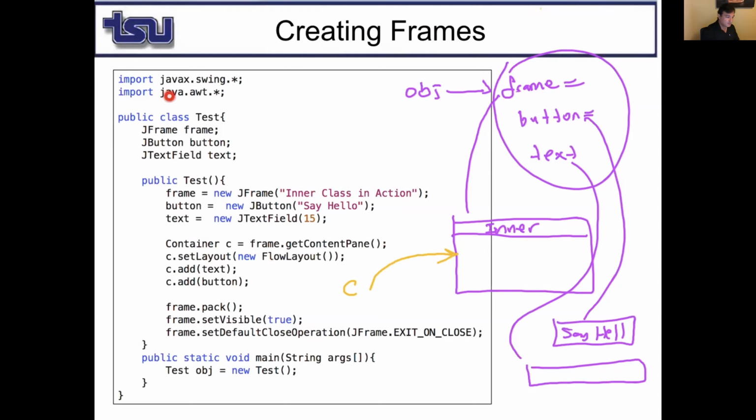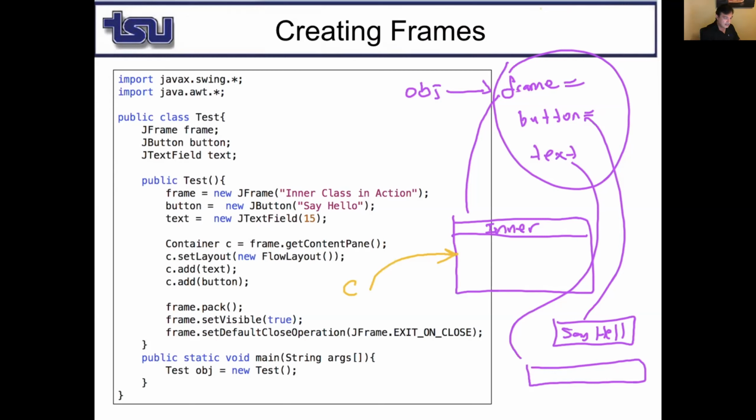Flow layout that comes from java.awt package, by the way. And that means set the layout type of this frame to flow layout. In flow layout, you place the GUI items from left to right. And when you come to the end of a row, you go to the middle of the second row. Okay, that's called flow layout.